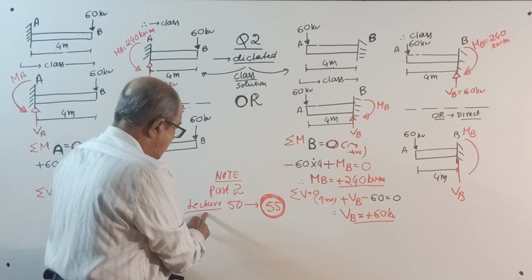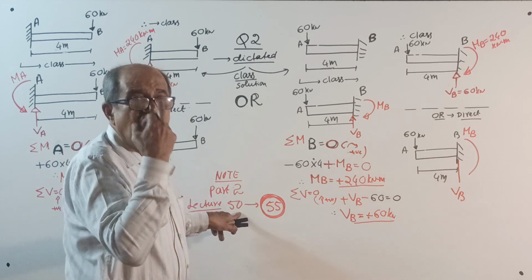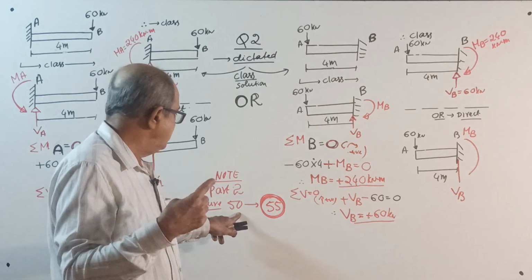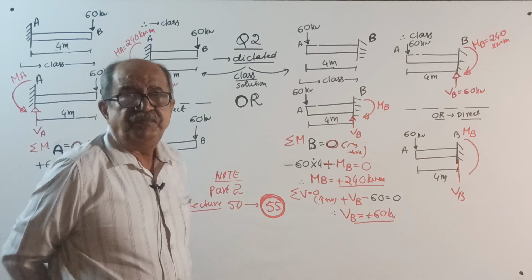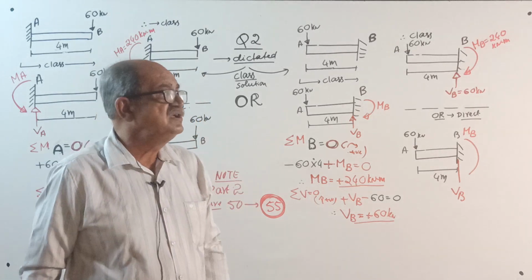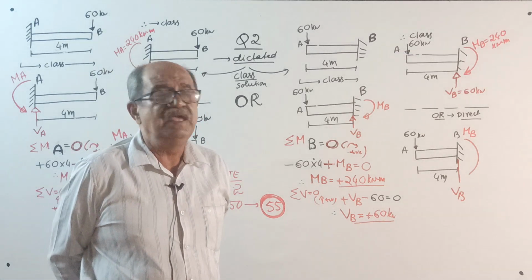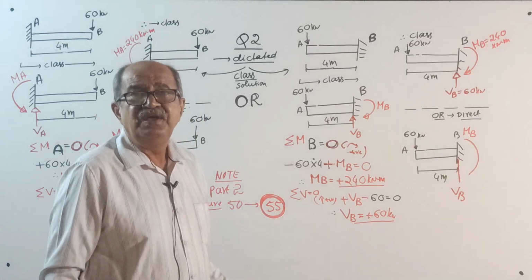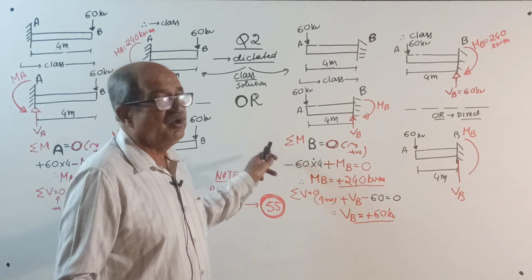Part 2, lecture 50 was for all basic concepts of reactions for cantilever beam. Then 51, 52, 53, 54 are master questions completely covering all the concepts. 55, last class, is where we solved question 1.